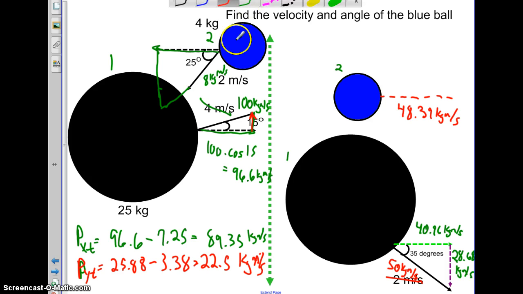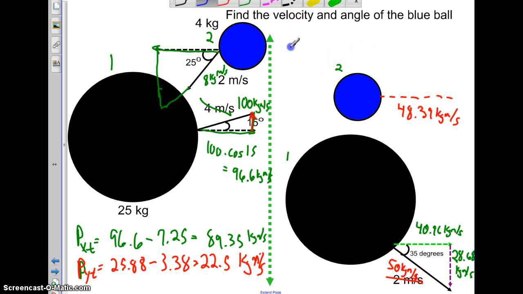Now, I'm going to treat the total y momentum the exact same. There is a difference, though. This time, the y momentum is going down, so it's going to be subtracting from the total. It's going to look something like this. Whatever this piece is, I don't know. I'm going to call it py2 this time.